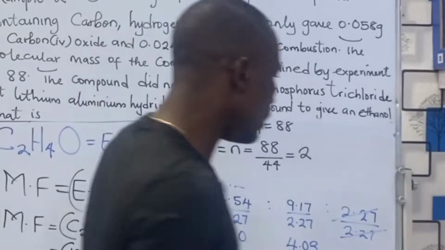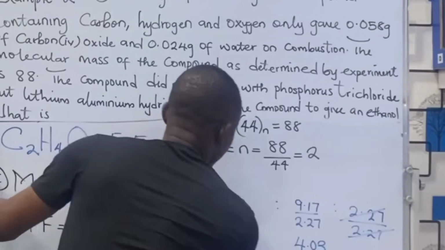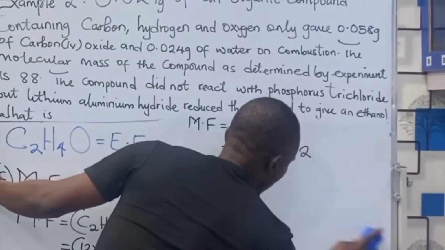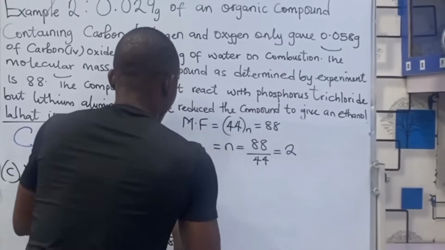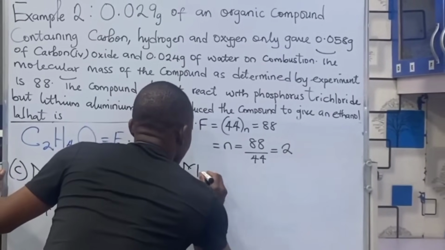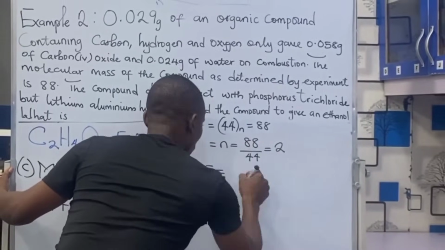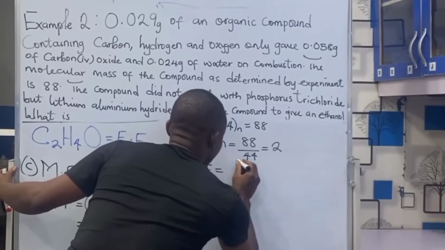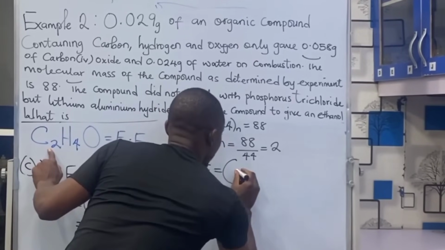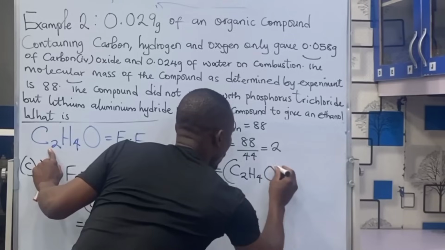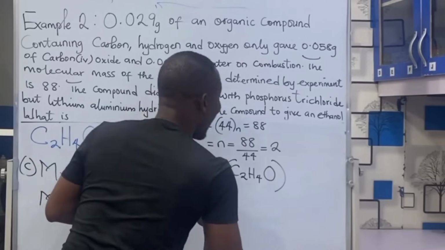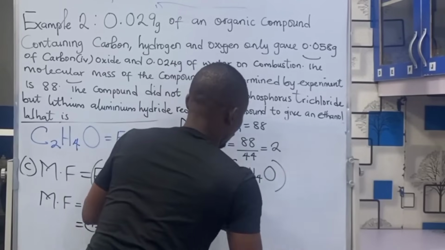And then our molecular formula will therefore be equal to, knowing too well that N.F. will be equal to E.F., we have that our E.F. is already given to us as C2H4O bracket. Now our n there is 2.